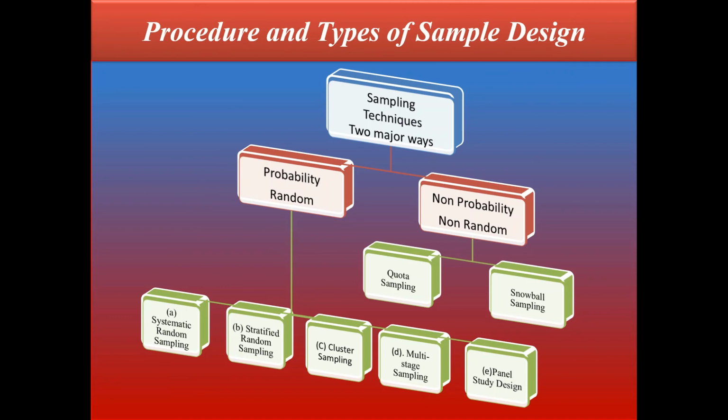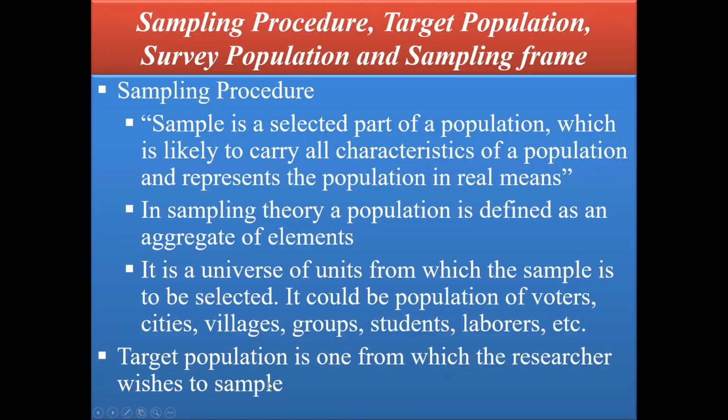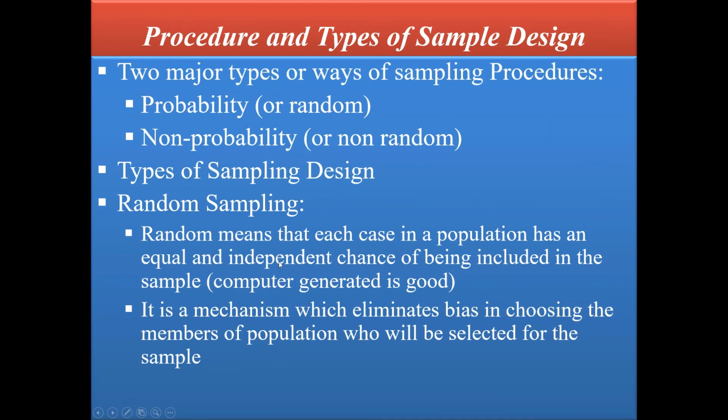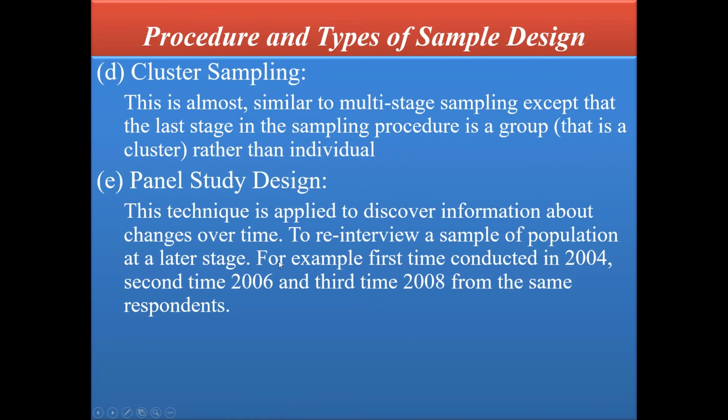Non-probability and non-random sampling includes quota sampling and snowball sampling. For example, sometimes you need some specified research on a specified group. Then you can use quota sampling, and sometimes snowball sampling, through your contacts and other things. These are the various techniques of sampling.